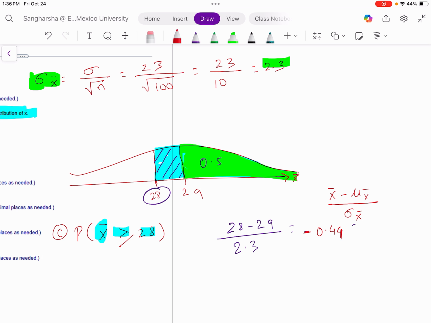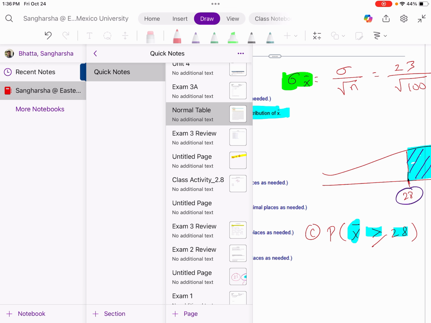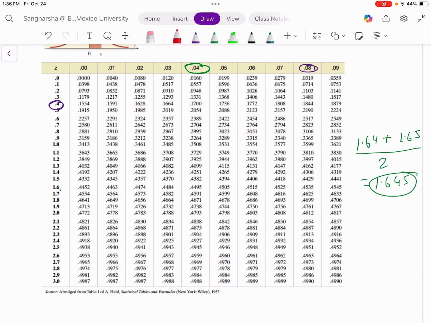So we look for 0.44: 0.4 is here, and 0.04 is here.